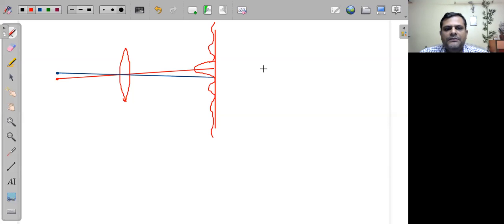This is the diffraction pattern formed by the first object, which is of red color. Now we can talk about the diffraction pattern formed due to this blue colored object. Its diffraction pattern will also form on the same screen, and both of these diffraction patterns will get mixed with each other in this way.